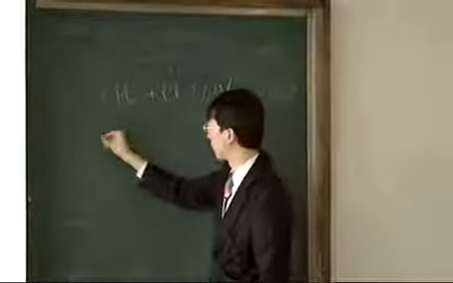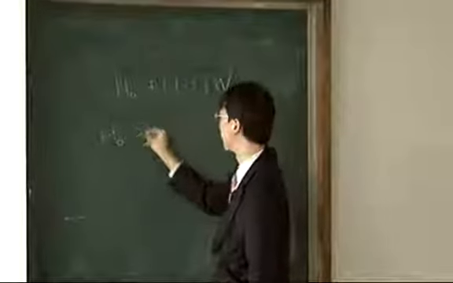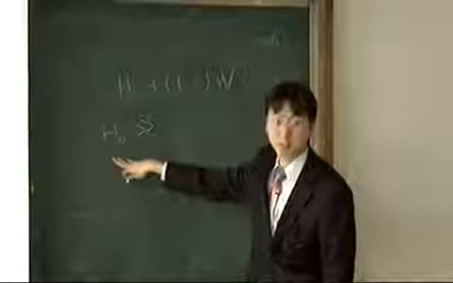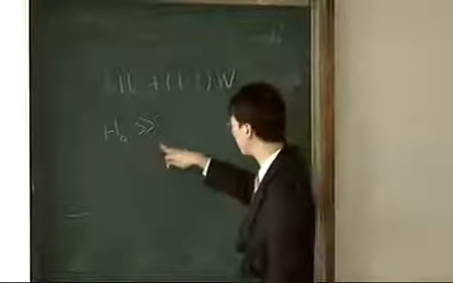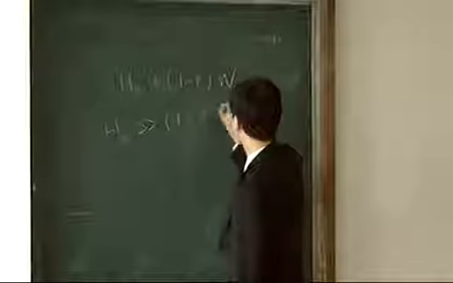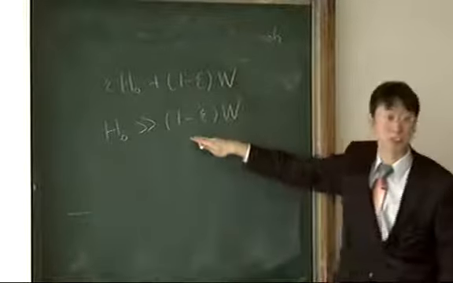So if you have this kind of operator, then to use the perturbation, we want to say that H0, the unperturbed part, the main part, is much bigger than this part, the potential part.